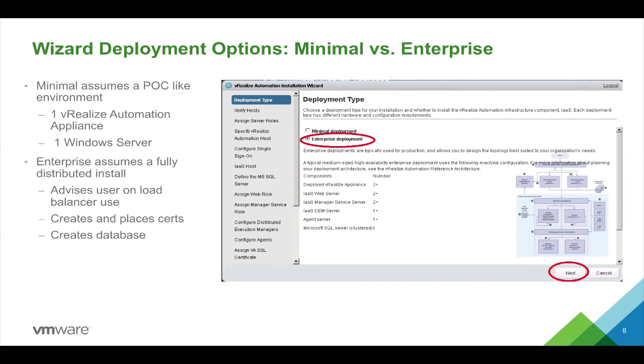This has taken a significant amount of the complexity and the time and the resources out of implementing VRA. While the previous version, 6.x, in a minimal deployment, for example, took a day or 2 and sometimes even a week to install, the wizard-based deployment has taken that number down to under an hour.